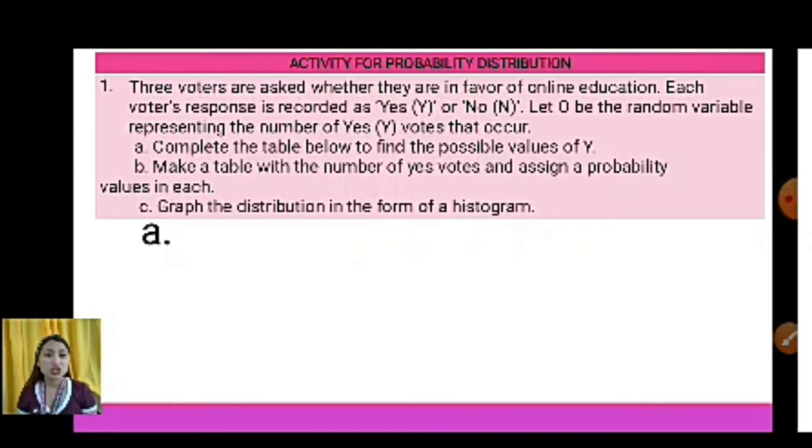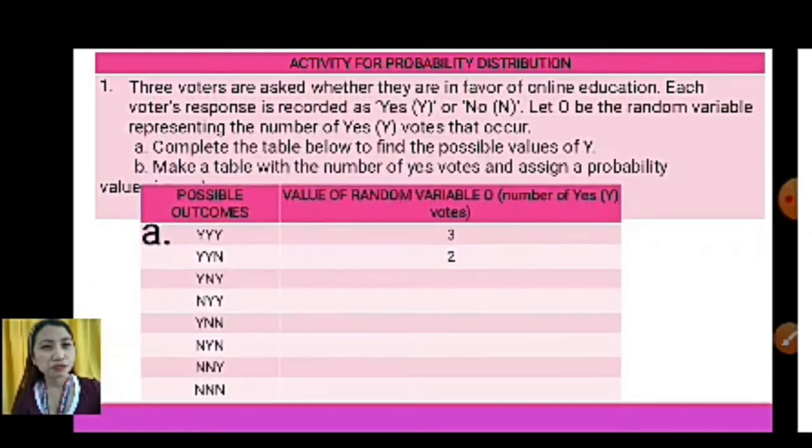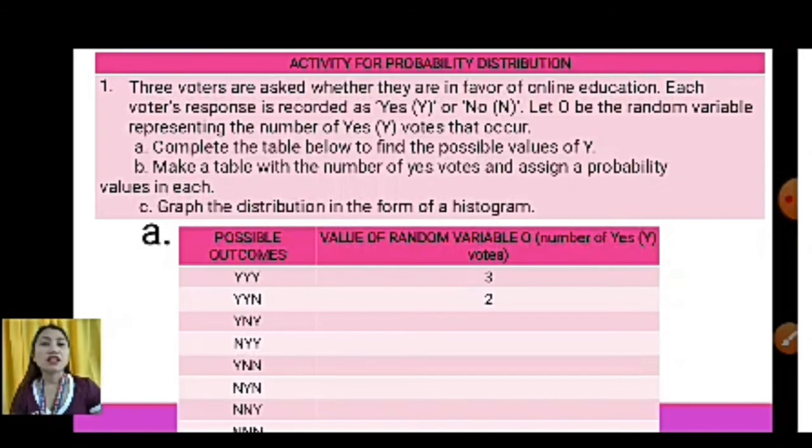So our first task is letter A, complete the table below. So this is the table. Now letter B, make a table with the number of yes votes and assign probability values to each. You can rewind our discussion later on so that you will have a guide in answering this activity. Lastly, letter C is graph the distribution in the form of a histogram.